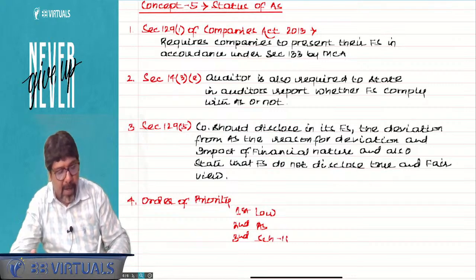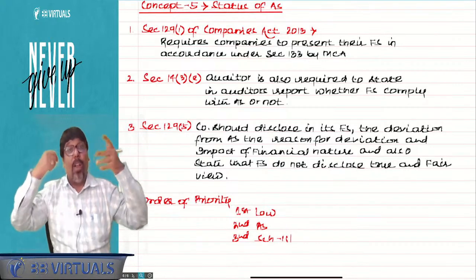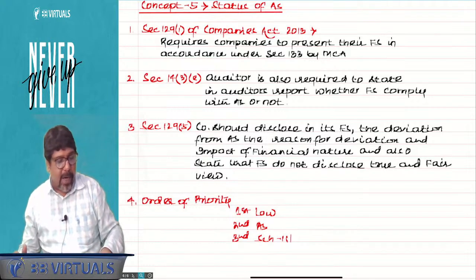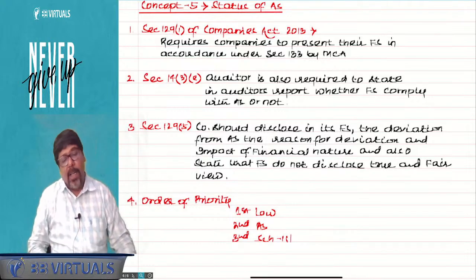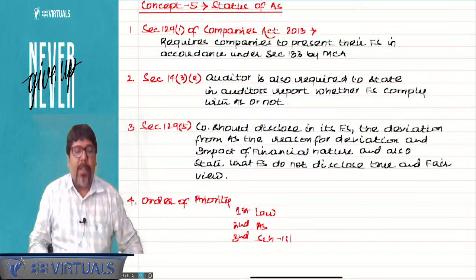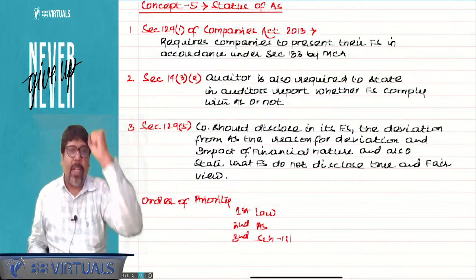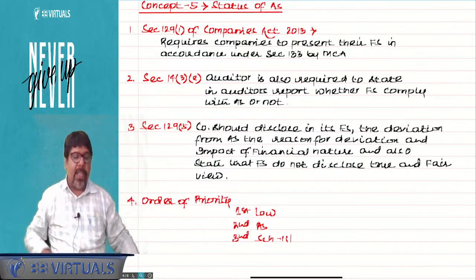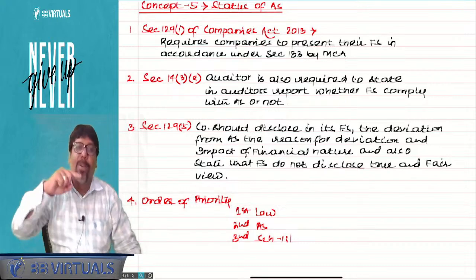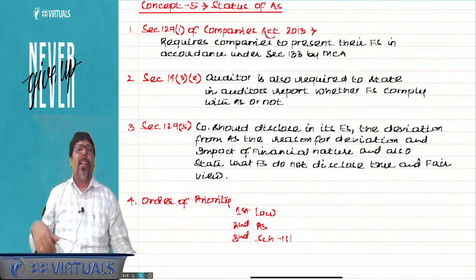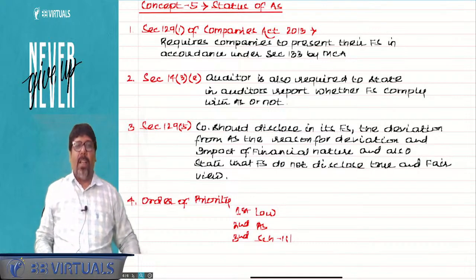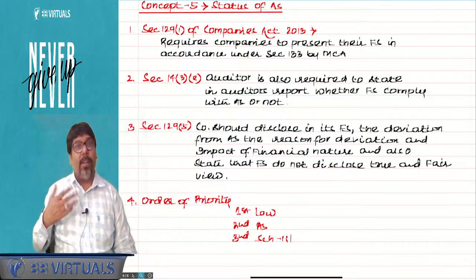So if there is a fight between law and AS, law will win. If there is a fight between AS and Schedule 3, AS will win. Therefore, AS is more powerful than Schedule 3. So students start feeling sad. Sir, AS is not more powerful than law. Obviously, law will be more powerful.